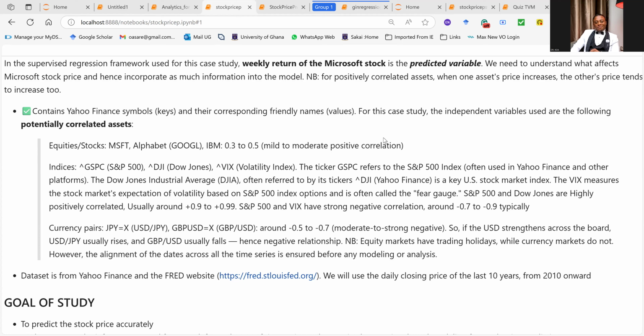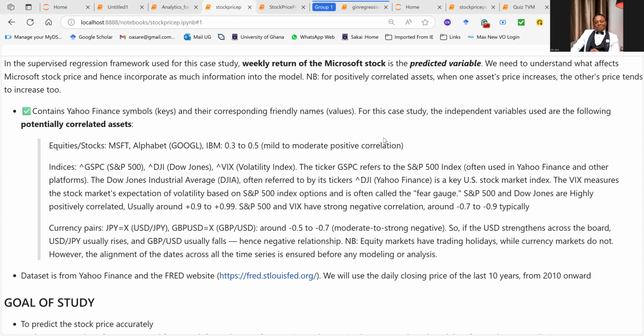Okay, so the next one is the Dow Jones Industrial Average, DJIA. And when you look at it, its ticker, that is the name they use in Yahoo Finance, is DJI. It is an important US stock market index. That is also another index that we are going to check its relationship with the Microsoft stock price. Then we have the volatility index, which measures the stock market's expectation of volatility based on S&P 500 index options.